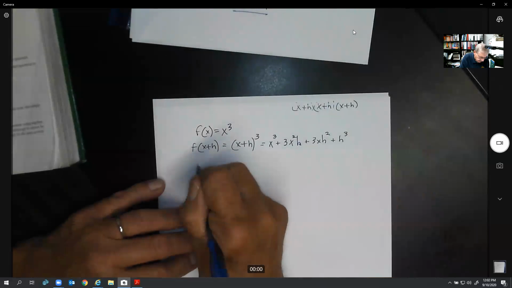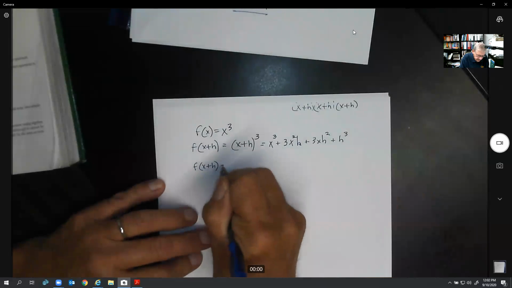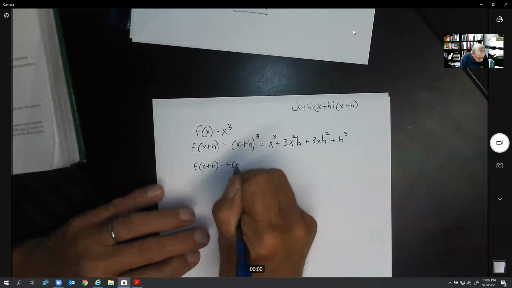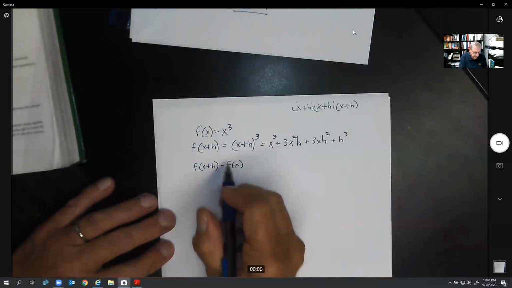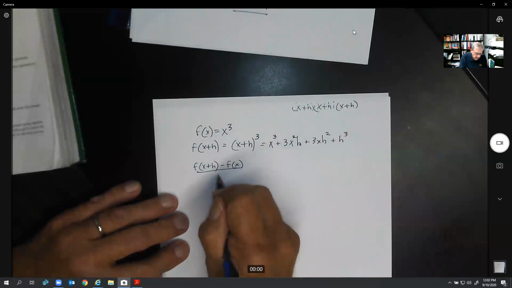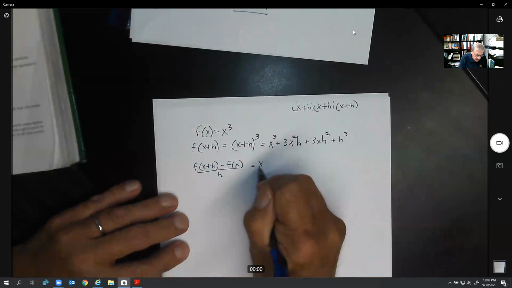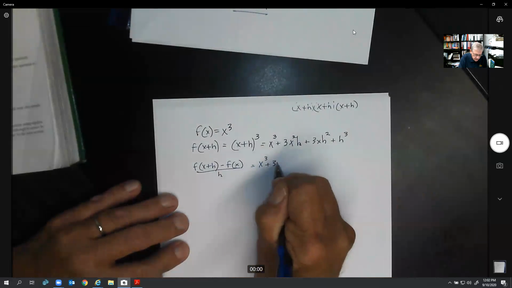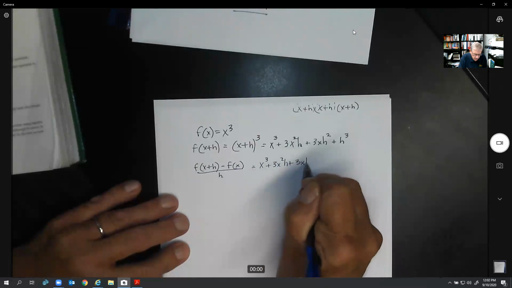Now let's find the difference quotient. The difference quotient is f of x plus h minus f of x over h. This is close to doing the very first derivative. So this is going to be x cubed plus 3x squared h plus 3xh squared.